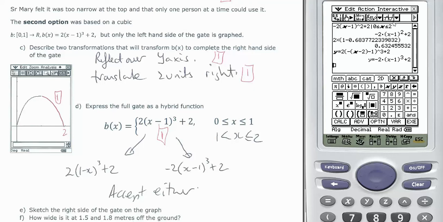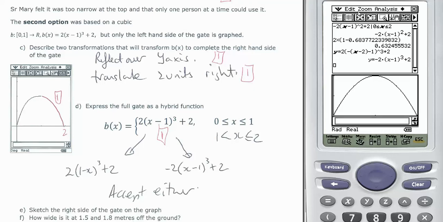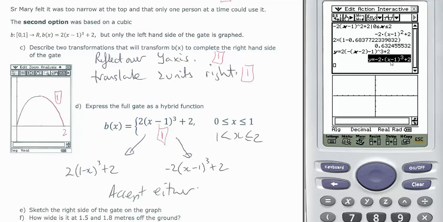So if I was to graph to double check that I'm actually correct, edit, clear, OK, and I take this graph, I end up with this part of the curve, and that's that bit there.